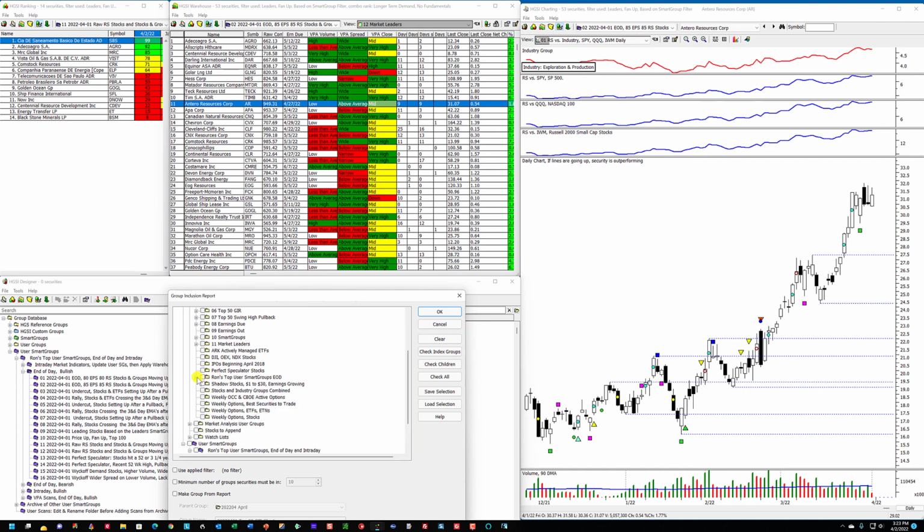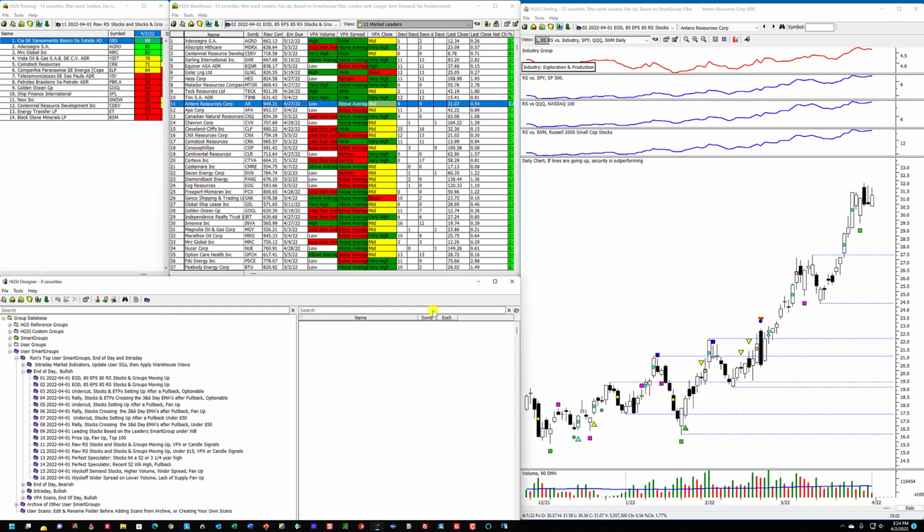You'll find this folder, Ron's Top User Smart Groups End of Day, and I have most of March and April. So I'm going to select those, and I'm going to check the children, and what that does is it selects all the groups that are underneath these primary groups. And I'm going to run this.